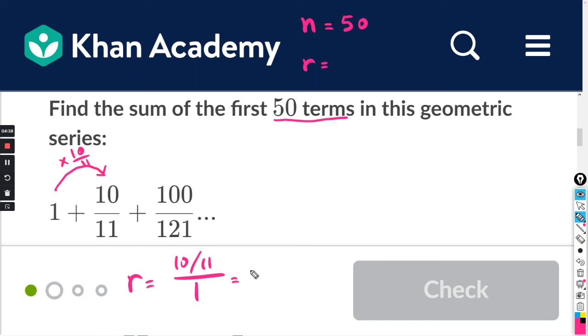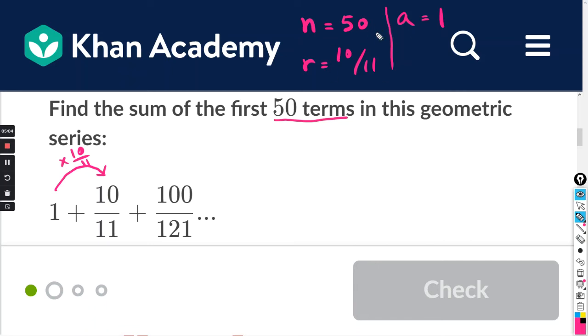Of course, 10 over 11 divided by 1 is just 10 over 11. So we can see R is 10/11. And then finally, the first term, we'll call it A. You can call it A1 if you want. The first term is just 1.